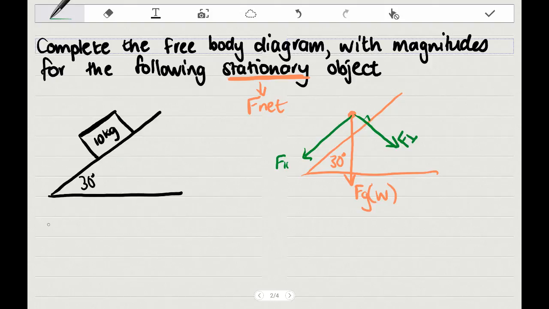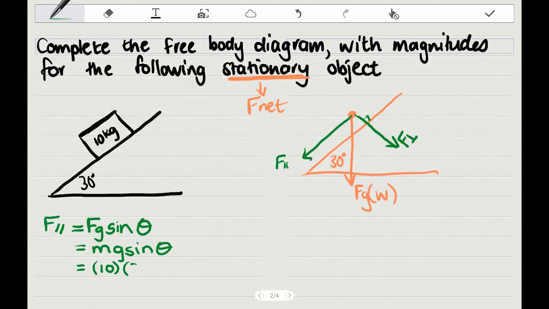So the formula for, let's start with parallel, is Fg sine of theta, where theta is the angle of the inclination. Fg is your gravitational force, so that's mg sine theta. Now let's substitute our values. The mass was 10 kilograms.